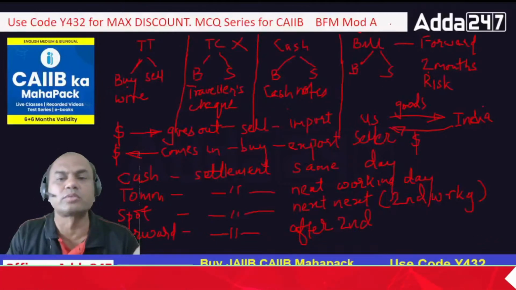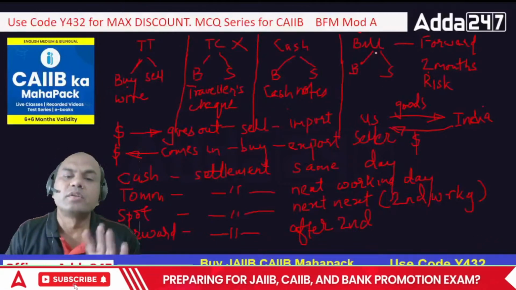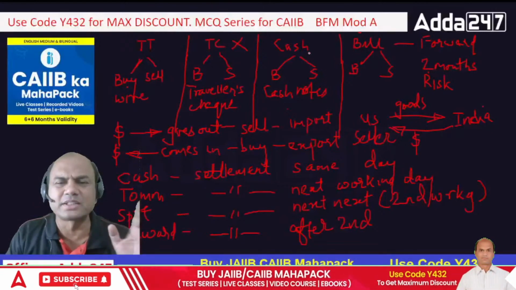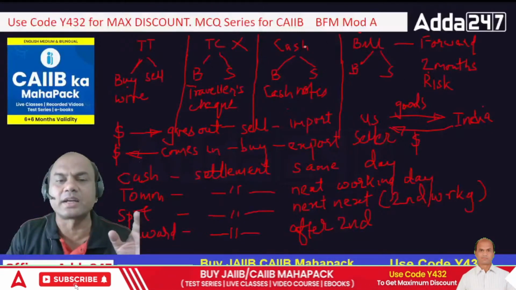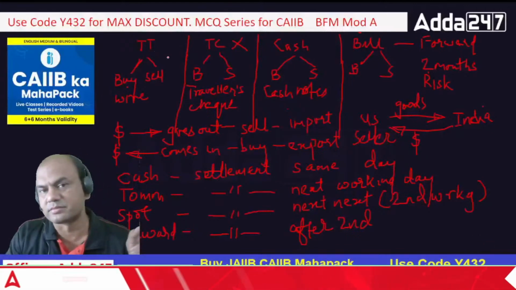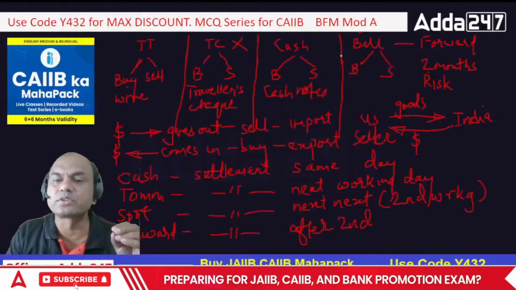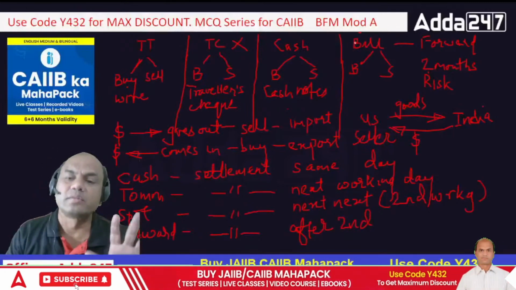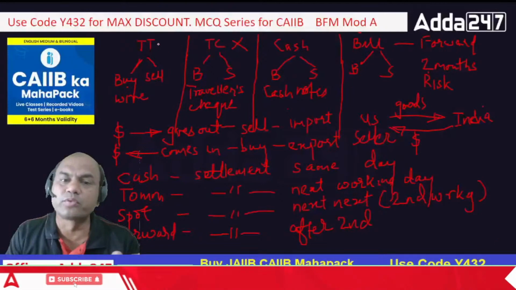Everything over here is attached to bill rate only. You won't find forward margins attached to cash, TC and TTs. You'll always find it attached to bill rate. So the point over here is you need to understand these 4 rates.